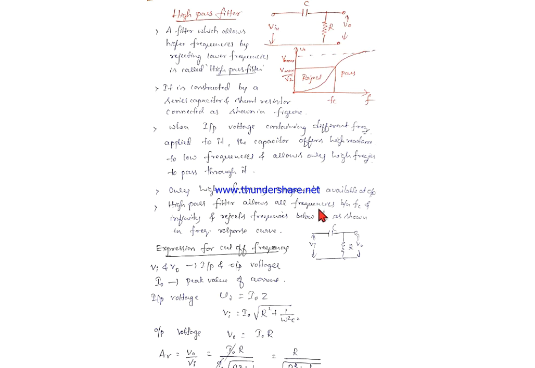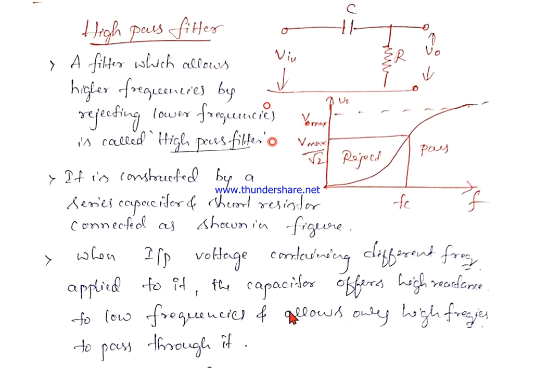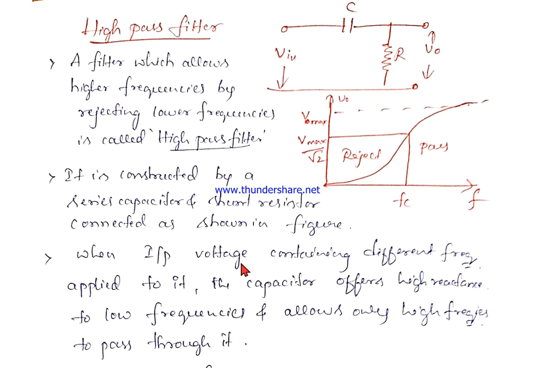Next, coming to the high pass filter. A high pass filter is an electronic filter which allows higher frequencies by rejecting lower frequencies. It is constructed using a series capacitor and a shunt resistor as shown in the figure.